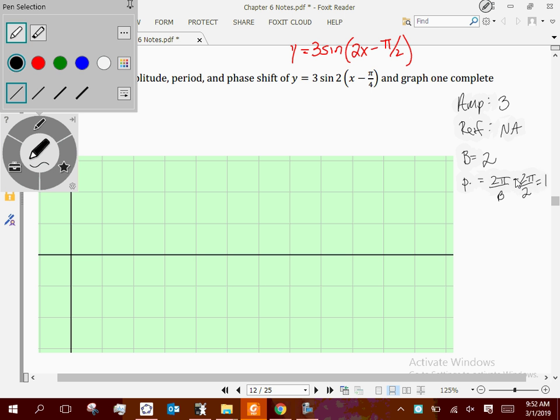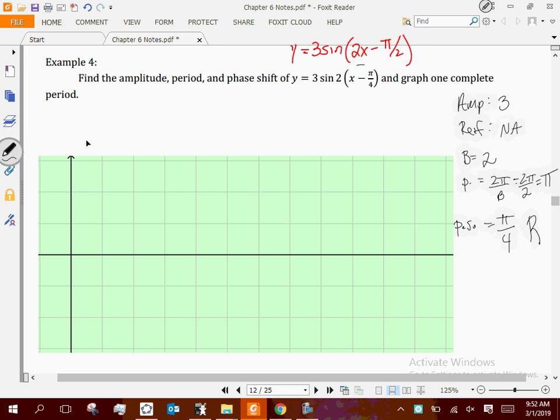Good. So 1 pi is your period. Now the phase shift is that thing right there. So it's the pi over 4. I'm going to put a capital R so I can tell myself it's to the right. Is that doable? No vertical movements here, and we should have everything that we need.